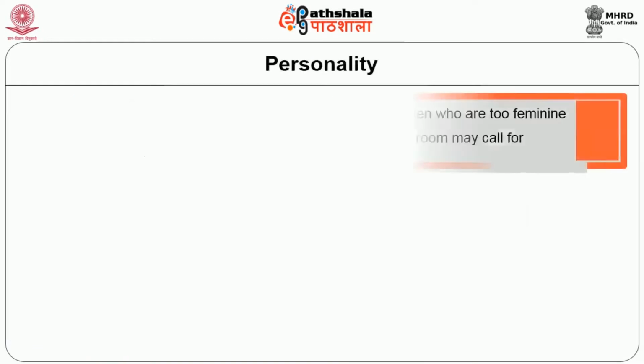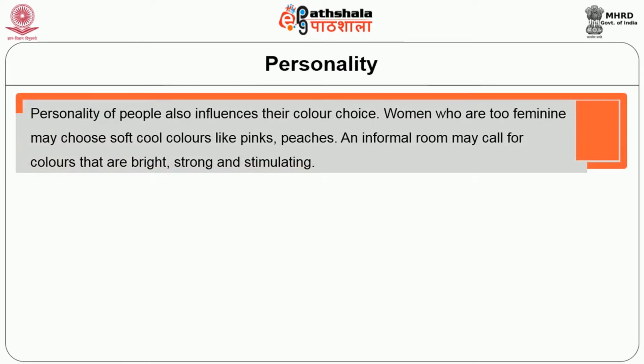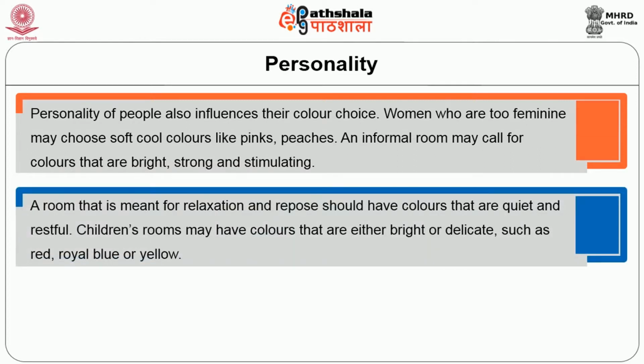Personality. The personality of people also influences their color choice. Women who are very feminine may choose soft colors like pinks, peaches, etc. An informal room may call for colors that are bright, strong and stimulating. A room that is meant for relaxation and repose should have colors that are quiet and restful.